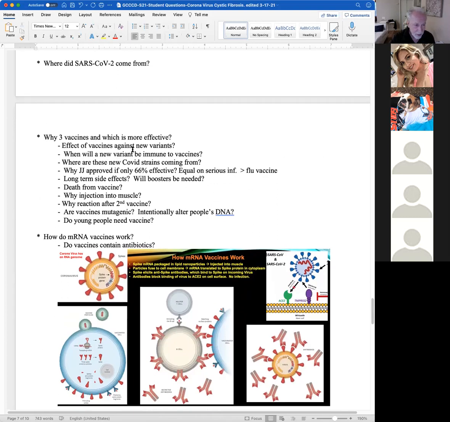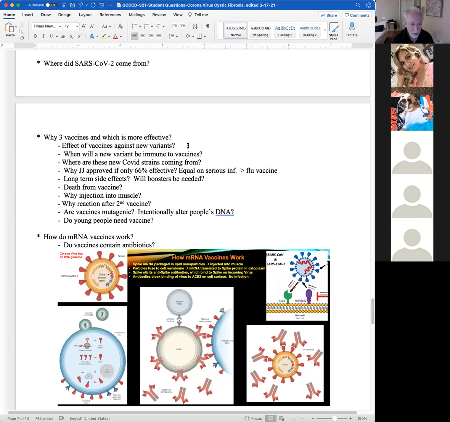Are vaccines effective against new variants? As you know, there are a number of variants that are more contagious, and all the evidence so far says that the vaccines that are currently available are effective against these new variants. Will a new variant arise that will be immune to the currently available vaccines? The answer is, it's just a matter of time. The reason for that is copying errors.